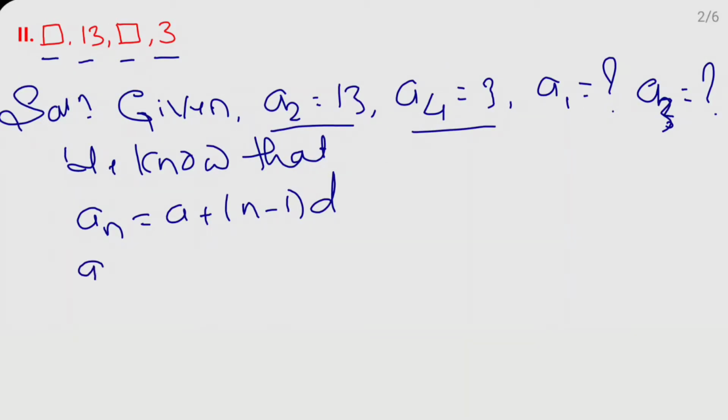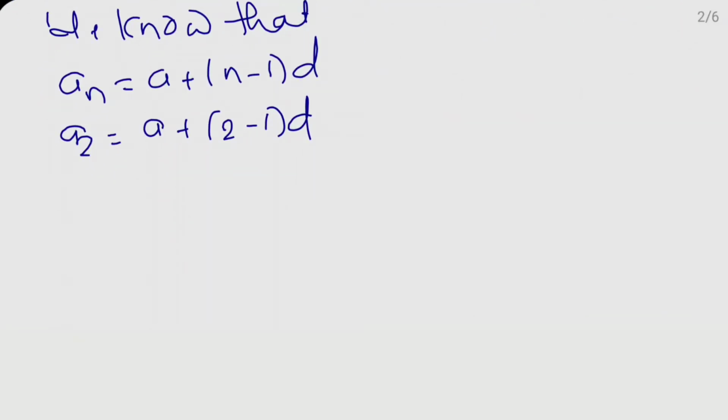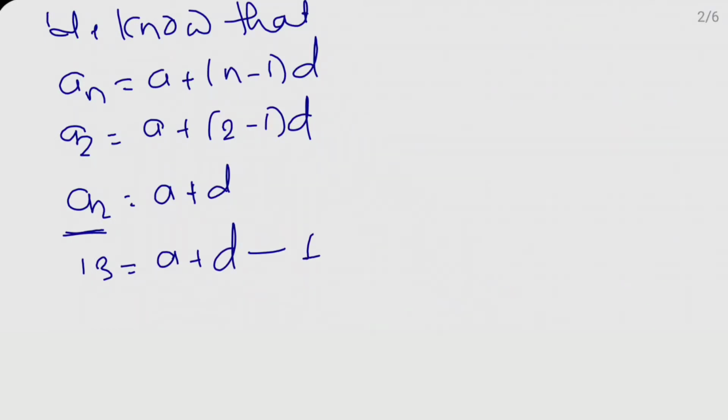So I will consider here first a2 equal to a plus 2 minus 1 into d, and now it becomes a2 equal to a plus d, and we know the value of a2, so substitute that one. A2 is 13, so this equal to a plus d. Call this equation 1.